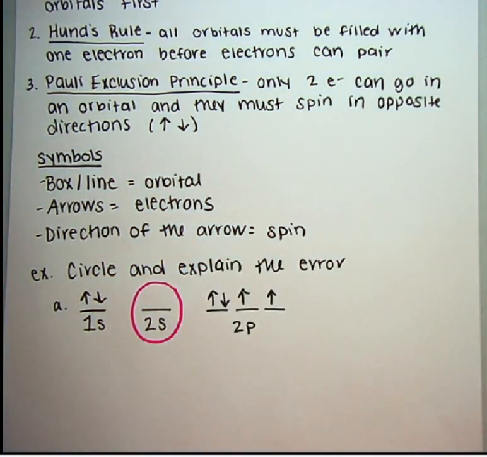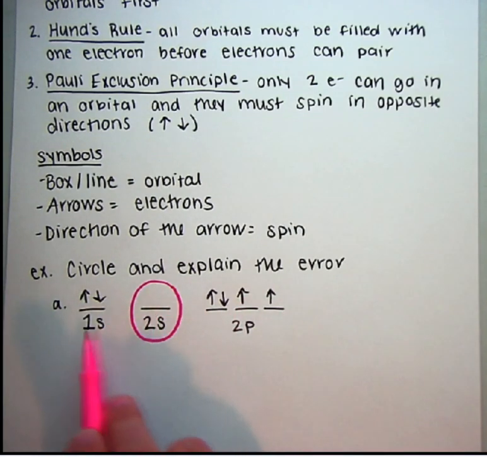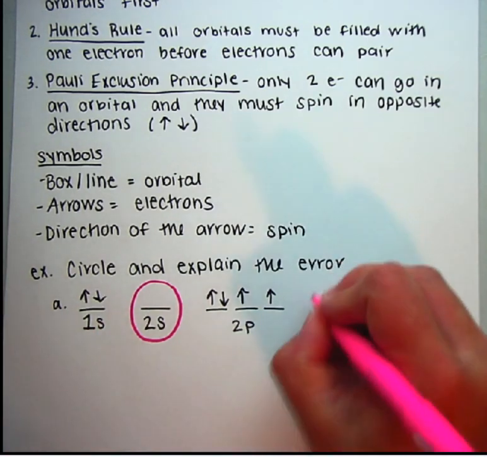My mistake is right here in the 2s orbital. This is violating the Aufbau principle. We have to go in order. We're writing this in order of lowest to highest energy. Energy increases as we go to the right.